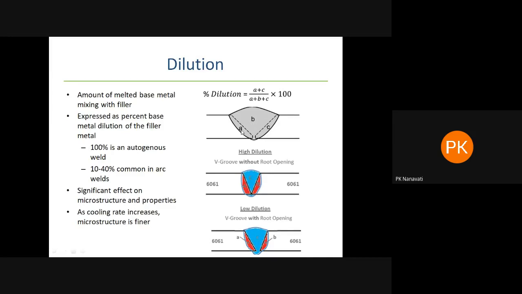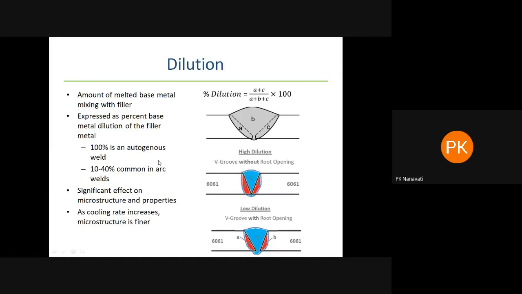So this A and C, what you see, are the contribution from the base metal in the chemistry of the weld metal. So percent dilution of base metal is the summation of A plus C divided by the whole composite mixture, A plus B plus C, right?